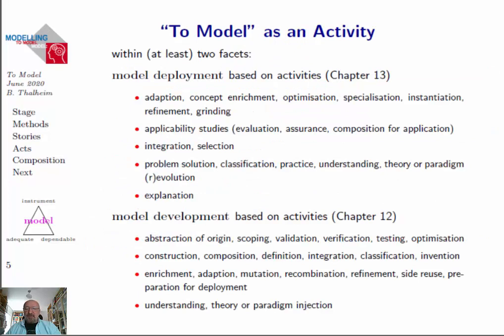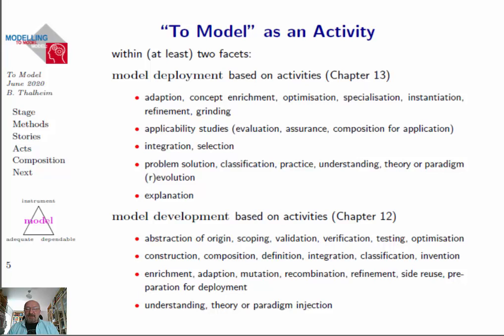As already said, to model is an activity consisting essentially of 2 parts. One part is model development based on activities, what we will handle in this chapter. And the second part is model deployment based on the activities of applying the model that we will handle in the next lecture.